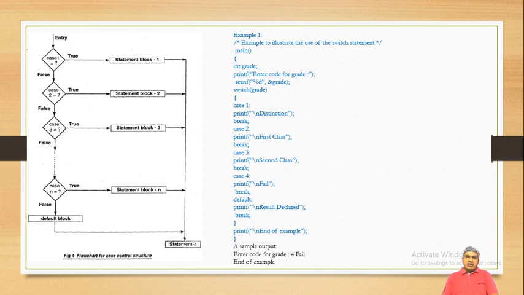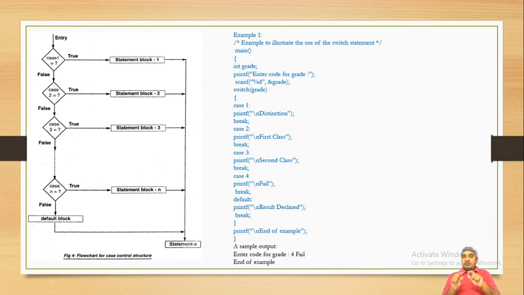Now this is one example of a switch statement. Example to illustrate the use of a switch statement. First main, then integer grade. Then printf enter code for grade.